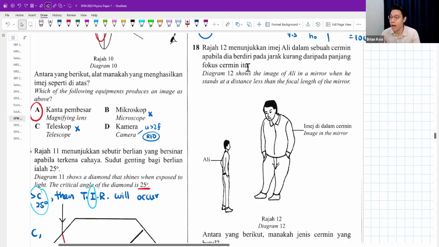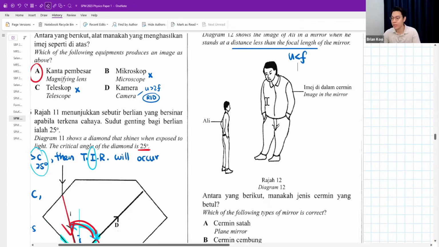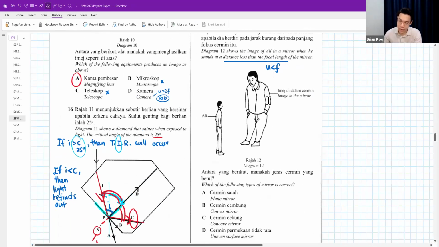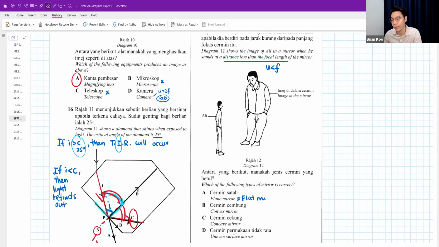Diagram 12 shows the image of Ali in the mirror when he stands at a distance less than the focal point. Which of the following types of mirror is correct? Is it a plane mirror, convex, concave, or uneven surface mirror? Plane meaning a flat mirror. Every day you see yourself in a flat mirror. This one is not really in your syllabus, but a flat mirror will always give you an upright image.